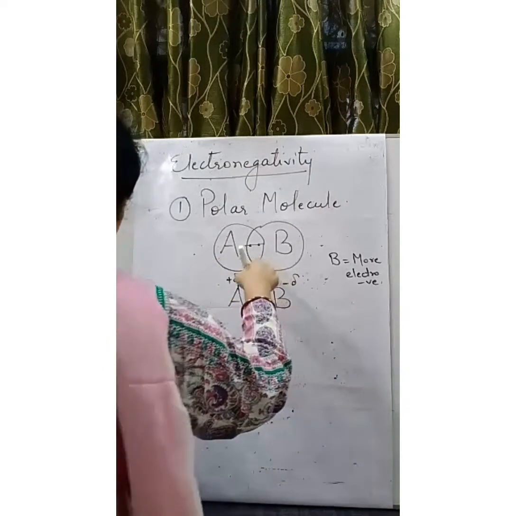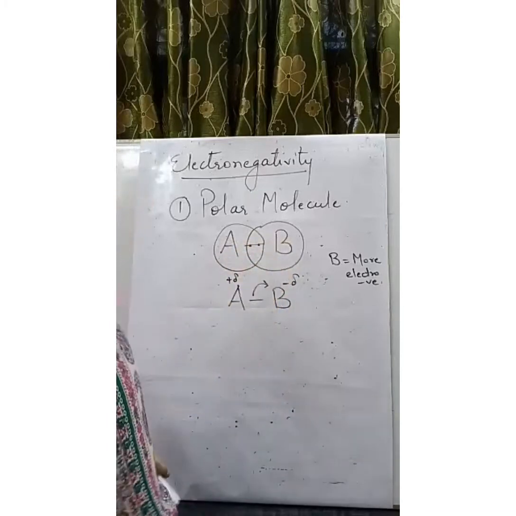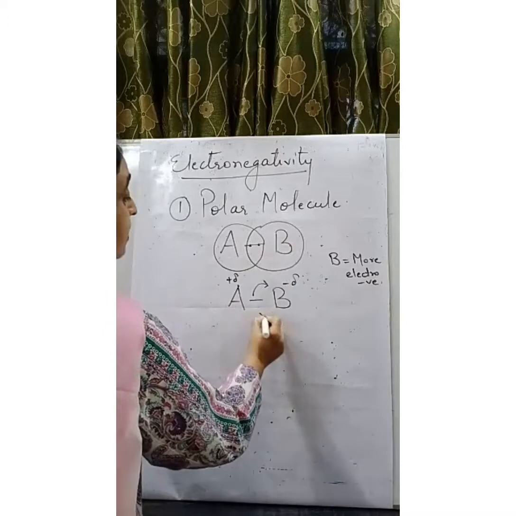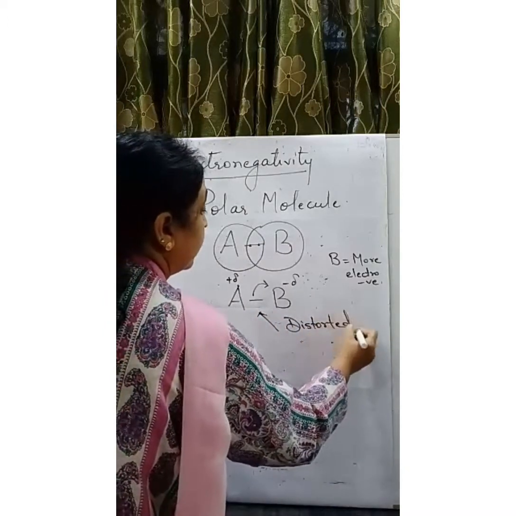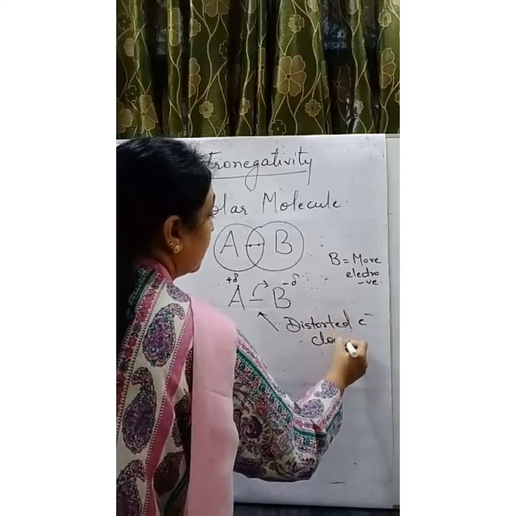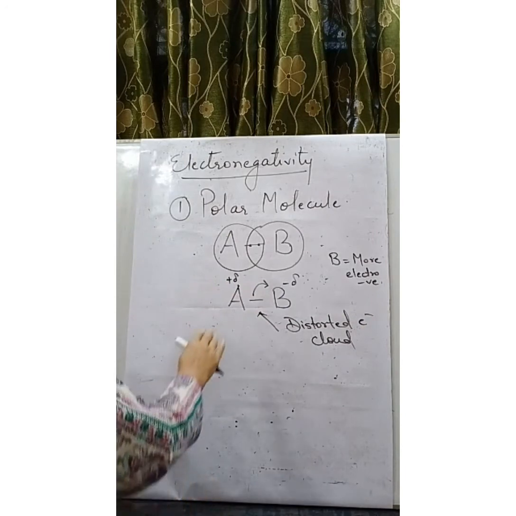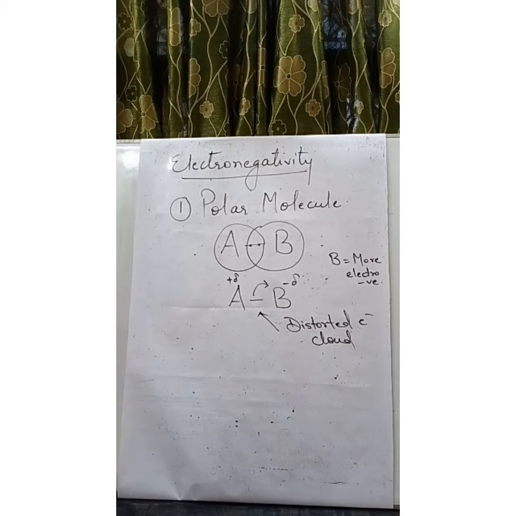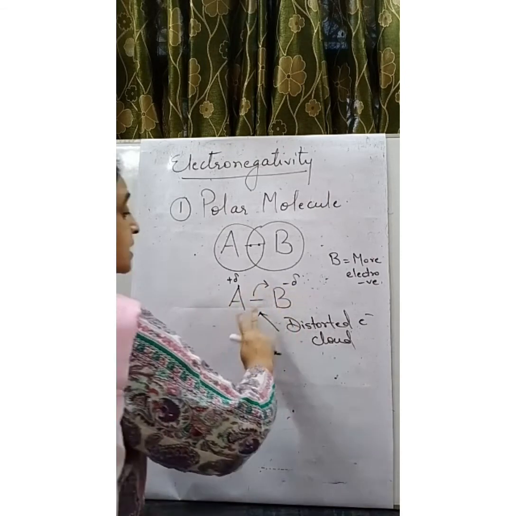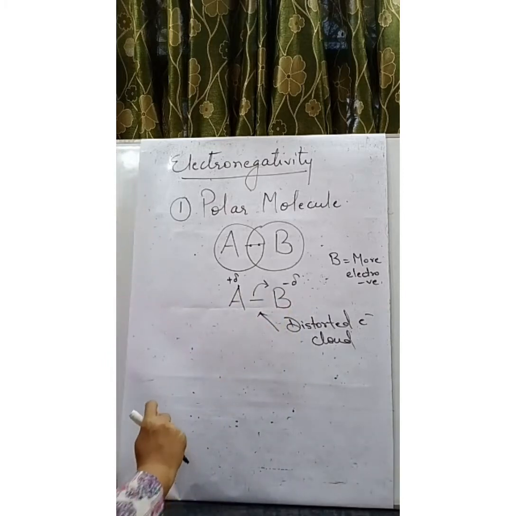Now this thing distorts. So here the electron cloud is shifting towards B. So what will happen? We will have a distorted, disturbed electron cloud, because the electron cloud is shifting towards B. And such type of molecules in which charge separation takes place due to the difference in electronegativity between the atoms is known as polar molecules.